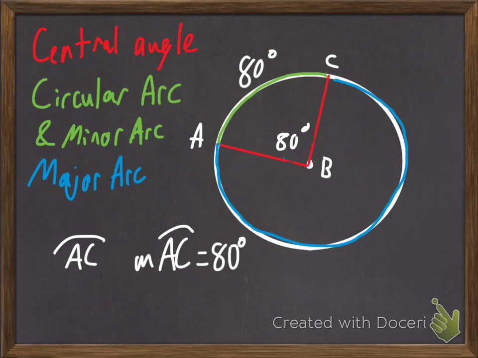And down here, this is what's called arc AC. So this little arc symbol means arc. And then we have the measure of arc AC equals 80 degrees. So again, central angle and its arc, same measure. They're equal. It's very important.